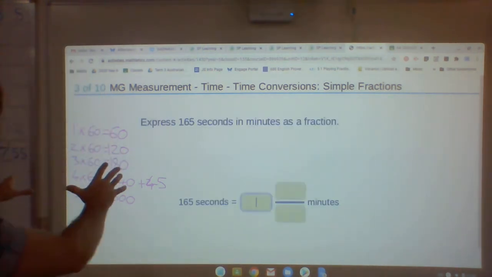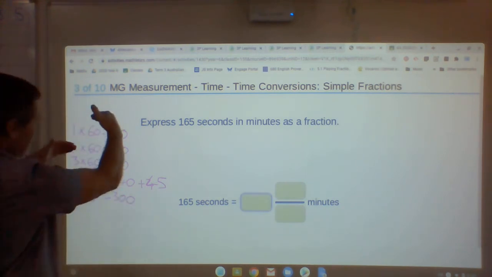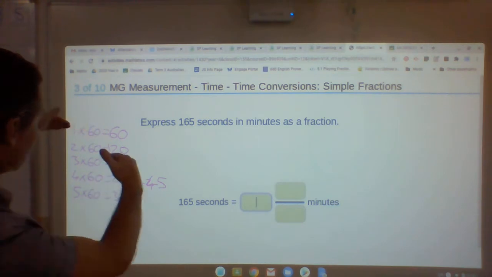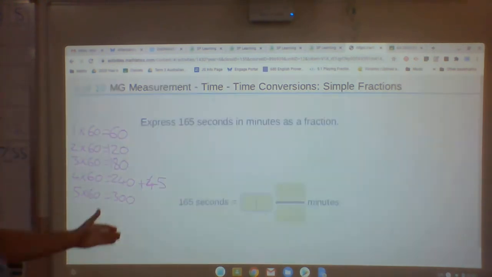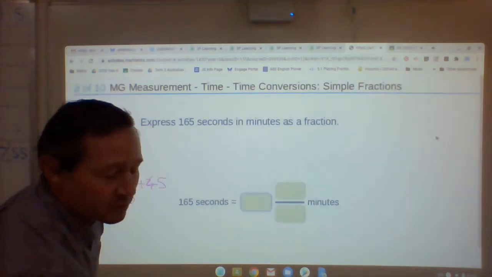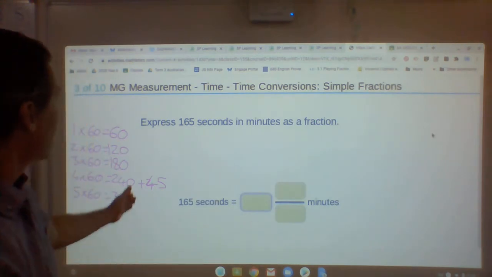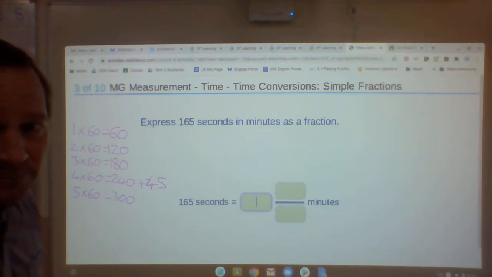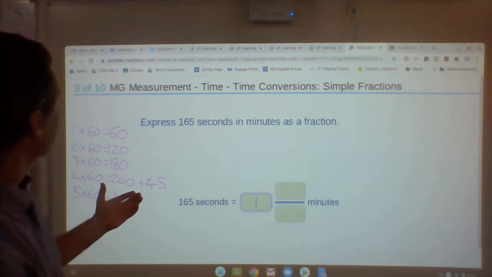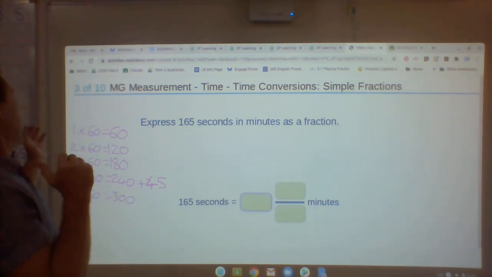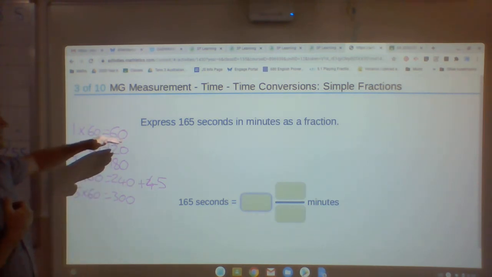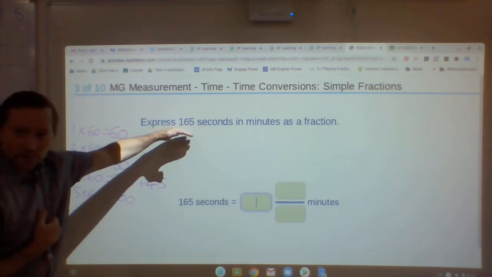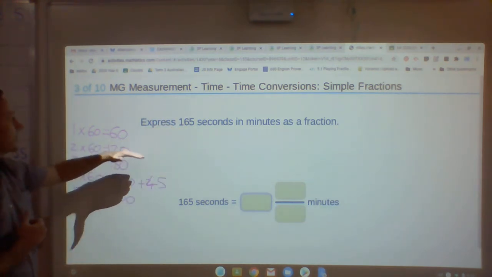You might want to have this over the side or something to help you convert. So set out your 60-minute slots or 60 seconds, whatever you want to refer to it as. Now this is the other way around. You're going back the other way. Express 165 seconds in minutes as a fraction. The thing you really want to know is, I'm looking at 60. 165 is much bigger. 120, still much bigger. 180.